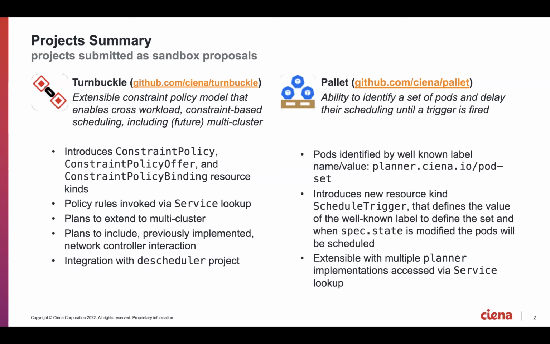The thought was when you're doing inter-workload constraints and you're doing things across multi-cluster or even within a cluster, the optimum schedule and placement of workloads on nodes to meet those constraints can't always be accomplished one by one. An example would be, if I have 3 pods that I'm scheduling and they have constraints between them, I schedule the first pod, and because there are no other pods available yet, that first pod gets placed on a node.